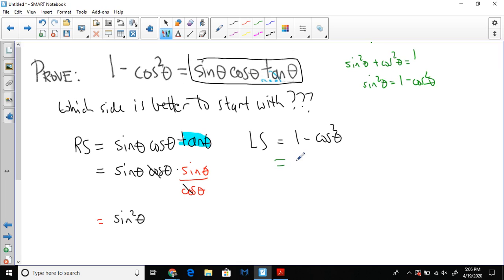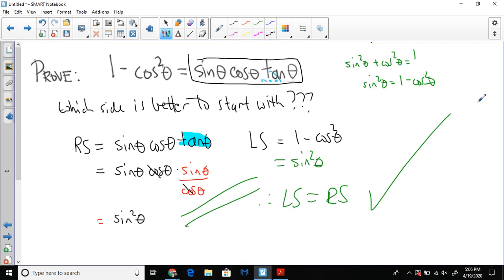So this equals just sine squared theta. Those two are the same, so therefore the left side equals the right side, and I am super stoked. Okay? So again, these are weirder questions because you're using these identities for the first time.